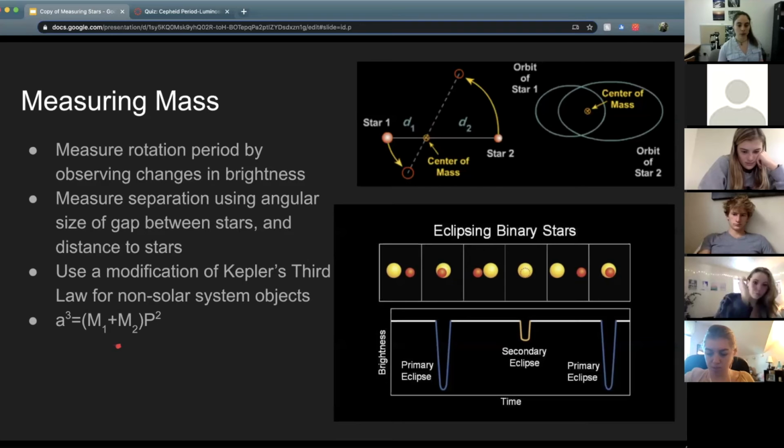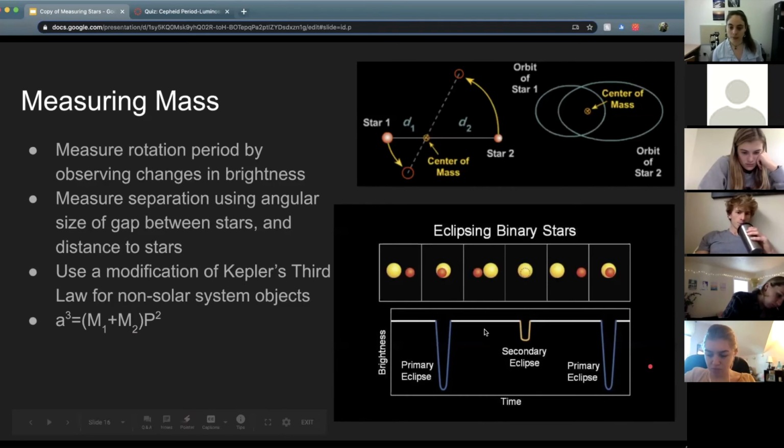So this is our new way of writing Kepler's third law that relates the separation, the semi-major axis of the star's orbit, the period of the star's orbit, and the masses of the two stars combined. And this is the best way we have to measure the mass of a star, by looking for binaries and then using this relationship between period and separation to find the sum of the masses.